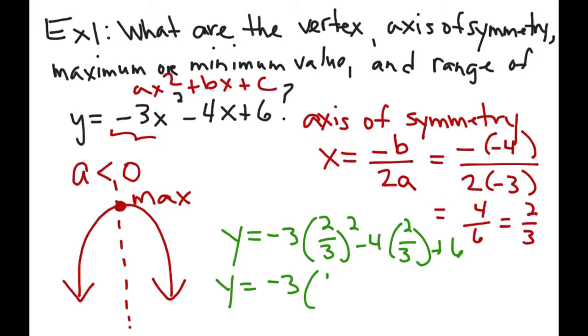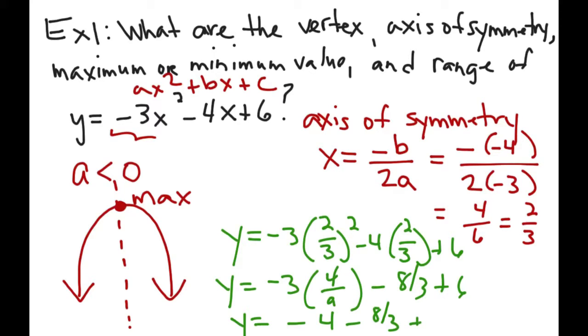And negative 3 times 4 over 9 is going to be negative 12 over 9... which is negative 4. I could probably just erase that and write negative 4. Minus 4 times 2/3 is 8/3. And then there's a plus 6 at the end.